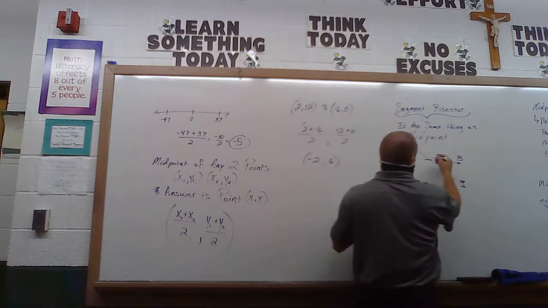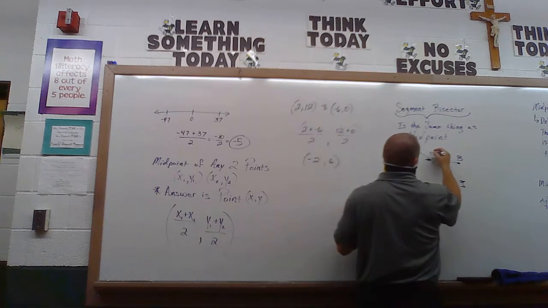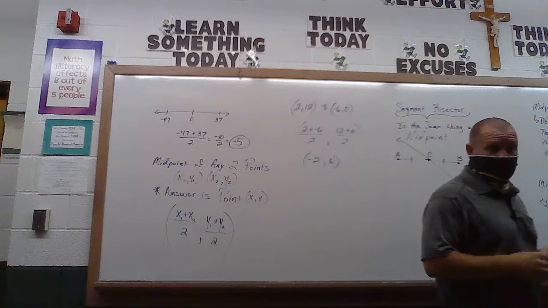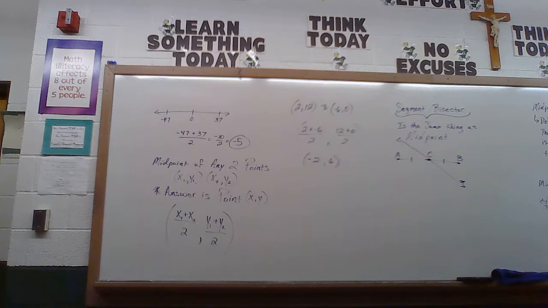And then we could come back and put C here. Even if they didn't put C there, we could put C there because it is now the midpoint because of that line making it. Okay? Make sense? Questions here?